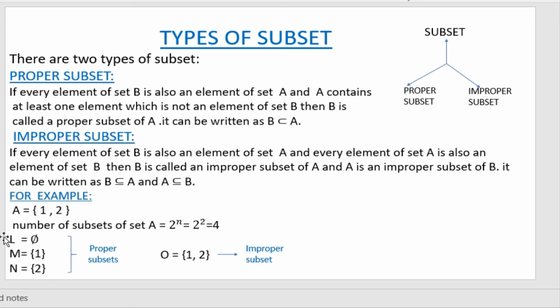Now we can find the number of subsets of set A by the formula 2 raised to the power n, that is 2 power 2, because set A has two elements, and we know that 2 power 2 is equal to 4, so we can make 4 subsets of set A. The first subset, as I told you, is the null set, then the second one with single element 1, the third one is single element 2, and the fourth one is a subset which contains elements 1 and 2.